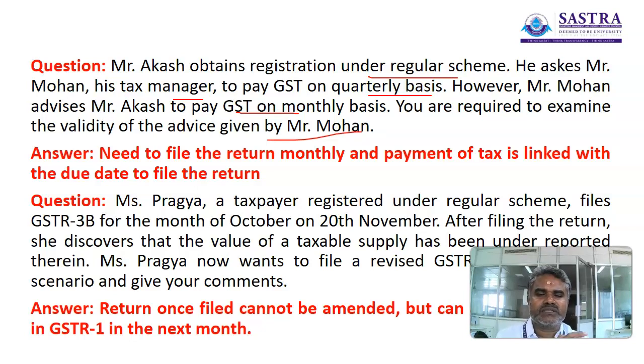Mr. Akash obtained registration under regular scheme. Okay. He asked Mr. Mohan, his tax manager, to pay GST on quarterly basis. However, Mohan advised Mr. Akash to pay GST on monthly basis. You need to file the return monthly, and payment of tax is linked with the due date of filing the return.